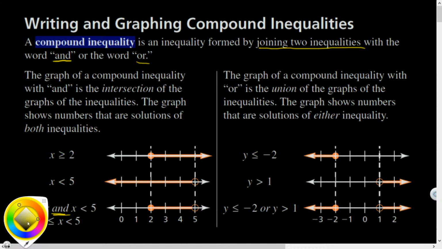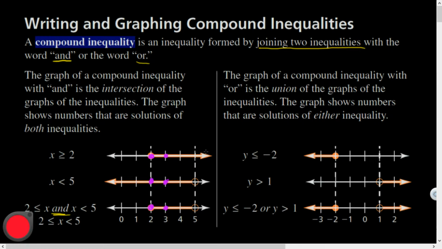All right, so let's consider some of these numbers. For instance, the number 3 is greater than or equal to 2, and it's less than 5, therefore it's on my common number line between the two of those things. How about 2 itself? 2 is greater than or equal to 2, and it's less than 5, so therefore it shows up on the common number line. Now check this out.